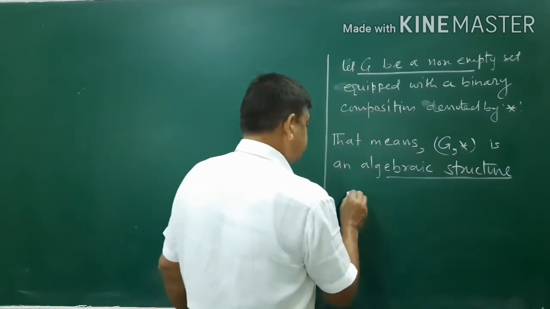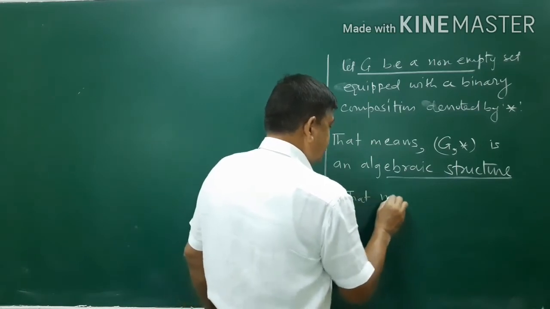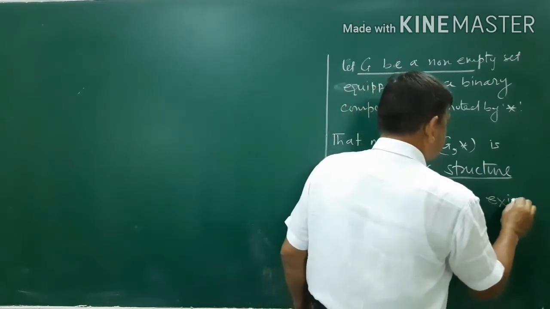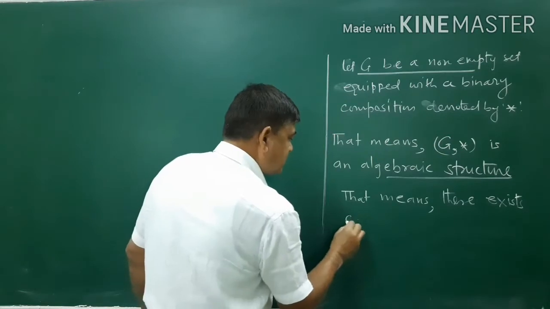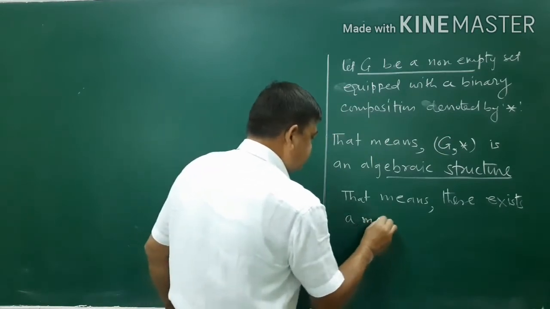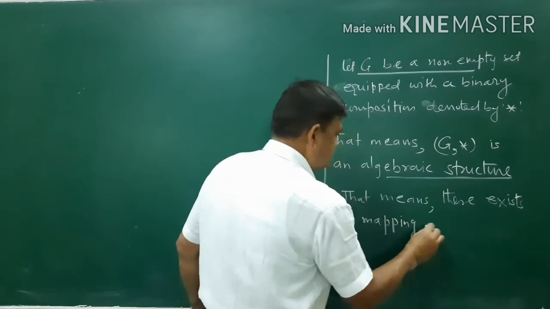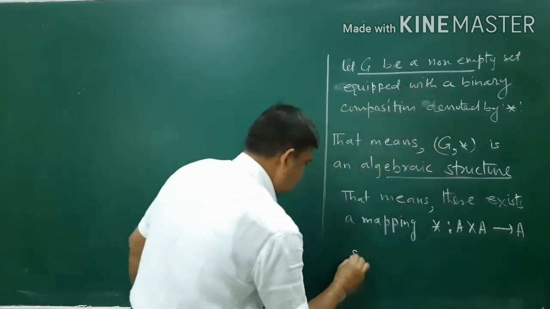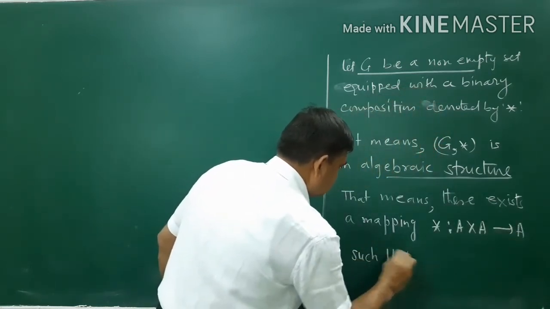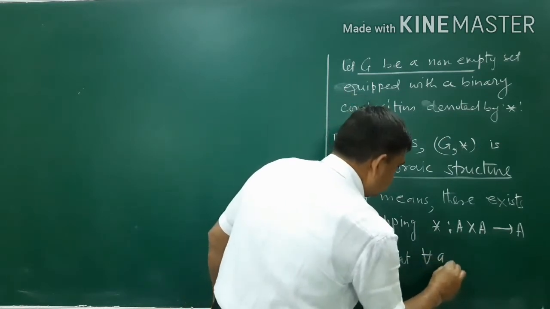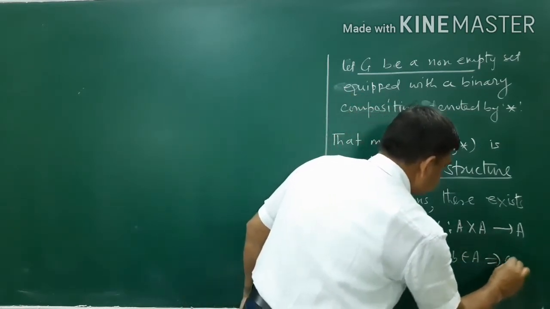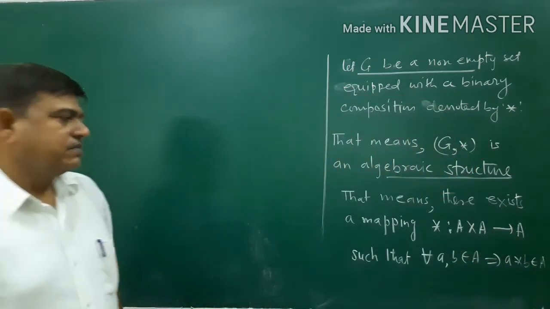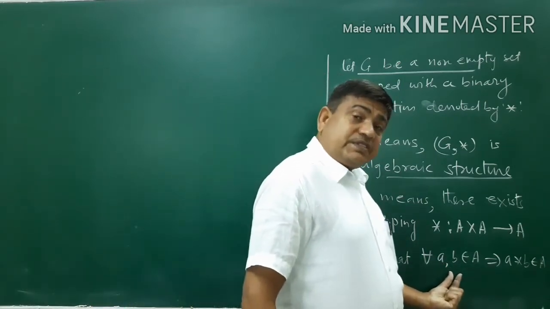That means there exists a mapping such that for all a, b belonging to G, consider any two members.